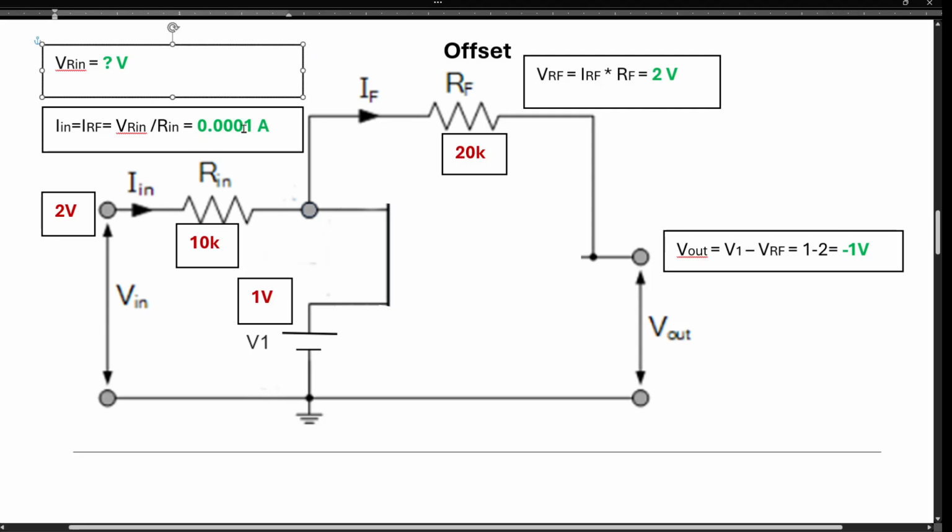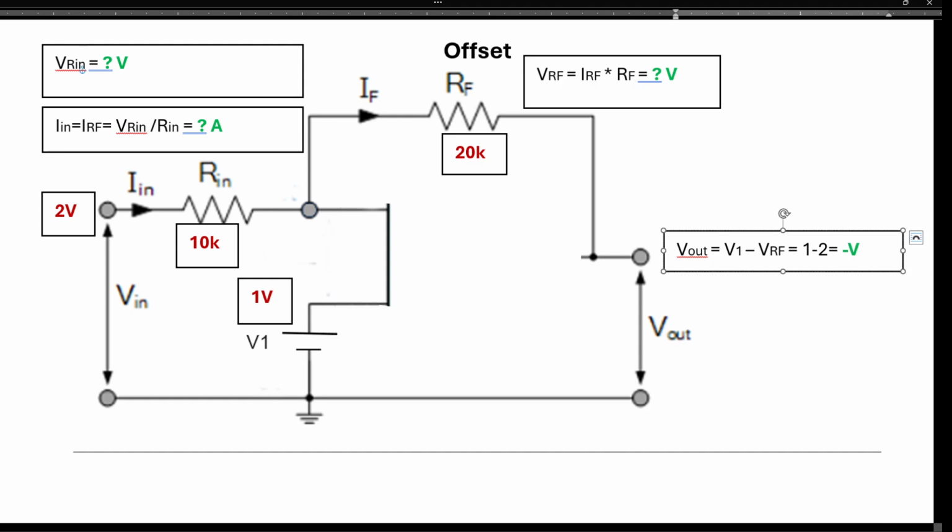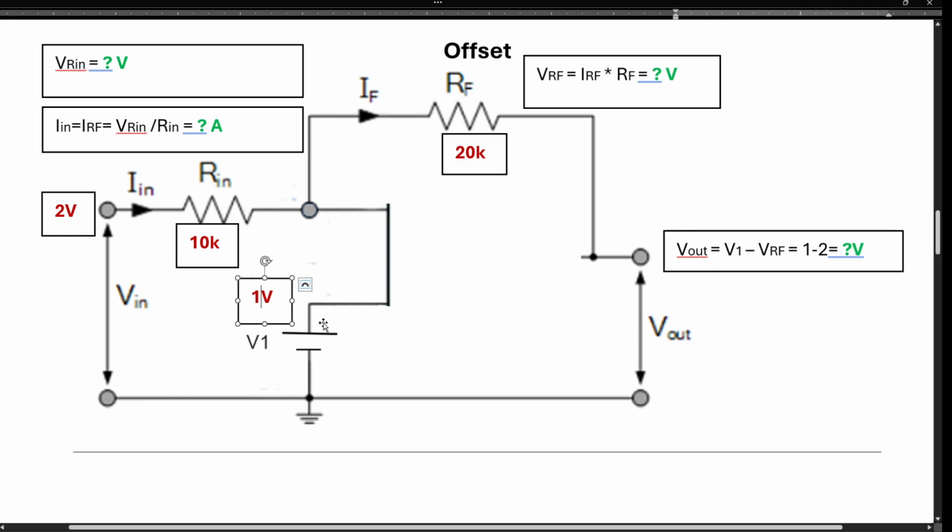Back to square one. What if we have 2 volts here? What is that going to give us? Remember, we have the operational amplifier just to show that that thing is there.